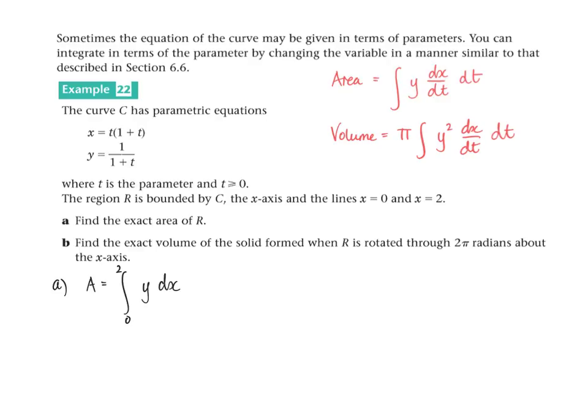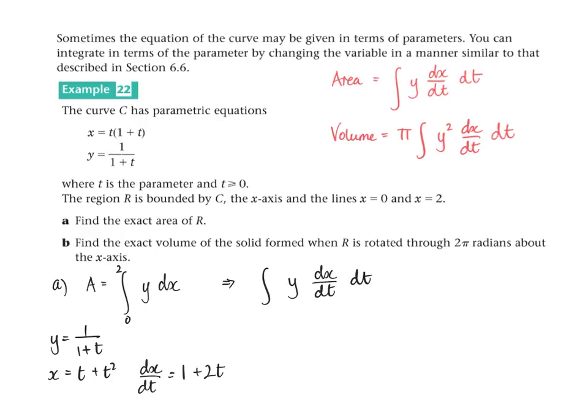So we're now going to use the integral of y dx by dt. So we've got y is equal to 1 over 1 plus t, but our x is equal to t plus t squared, so we need dx by dt, which is 1 plus 2t. So if we put that in now, but then we've got to change the limits as well.